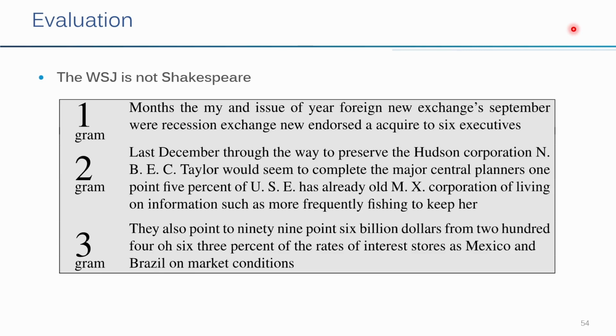We mentioned this a couple of times already. The Wall Street Journal is not Shakespeare, simply because depending on the task you're using, you cannot use that corpus to represent something that does not correlate. And we'll see that especially around 2013 to 2017, when these X2Vec models started to pop up.